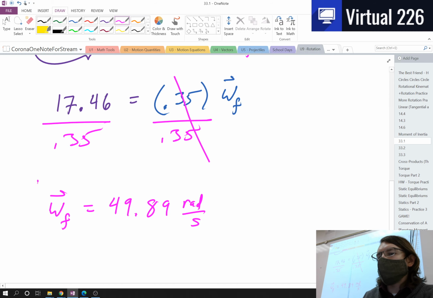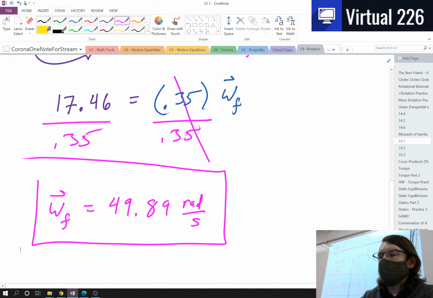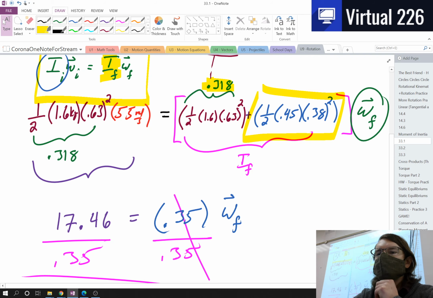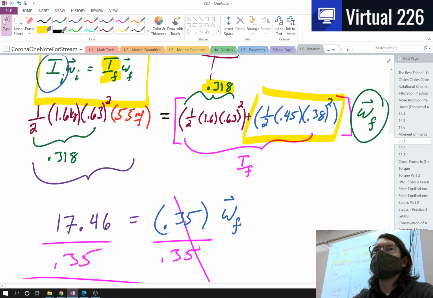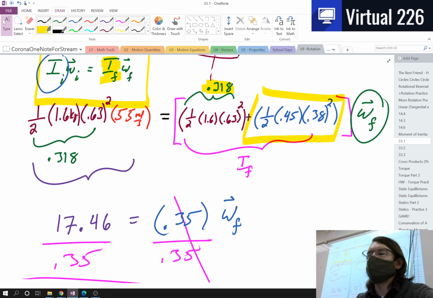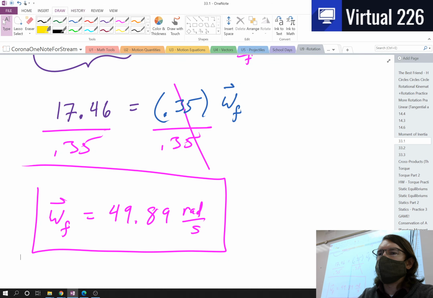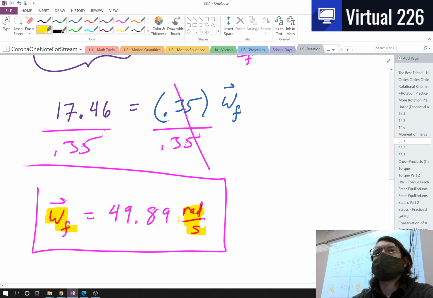I know they have to be radians per second because I'm looking at an angular speed. I didn't really carry my units through this problem because they become a little annoying: meters squared and kilograms and radians per second. I could carry them through, but trusting my mathematics and knowing what angular speeds need to be at the end, radians per second, that's what we'll find there.